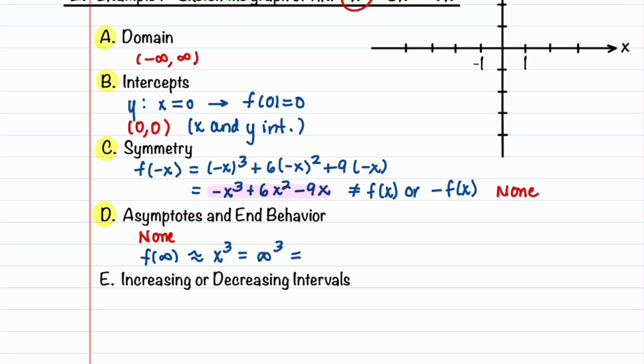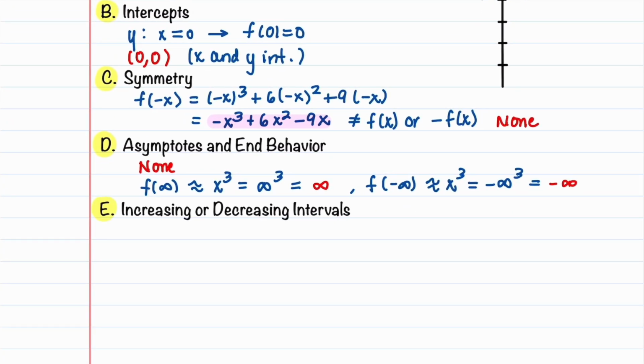So as x goes to infinity, our function is going to go to infinity. And then f at minus infinity is approximately x cubed, and this is minus infinity cubed, which is minus infinity. So as x goes to minus infinity, our function is also going to go to minus infinity.